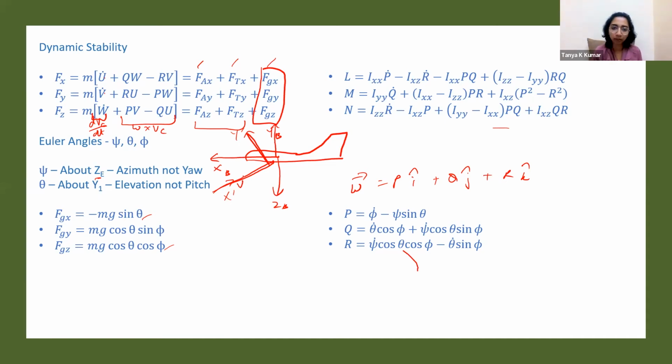So even if you consider that, why are these xi, theta, phi terms not appearing in the Fa and Ft, in the aerodynamic and the propulsive terms? They're only appearing in the gravitational force. Why aren't they appearing in the aerodynamic and thrust? Think about it.